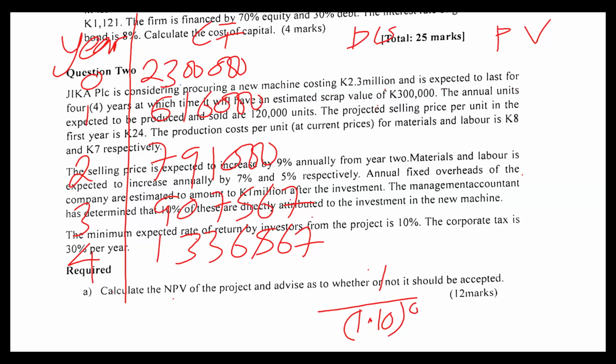That will give you 1.000. Then in year 1, you just raise this to power 1. These are called discounting factors. We maintain 4 decimal places, according to the tables.